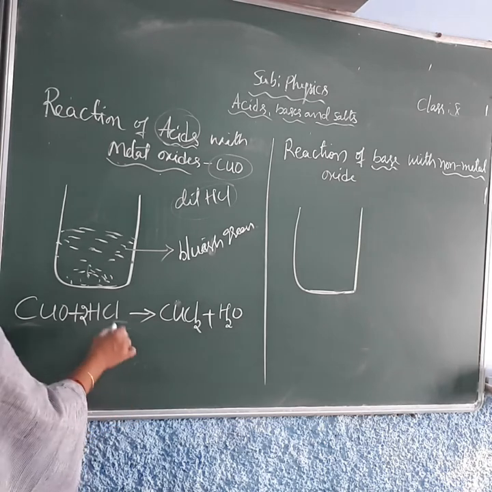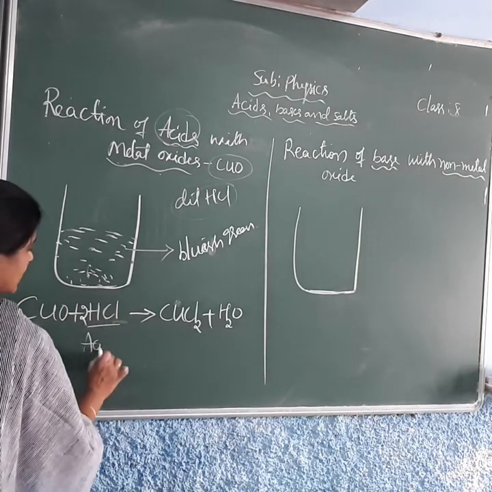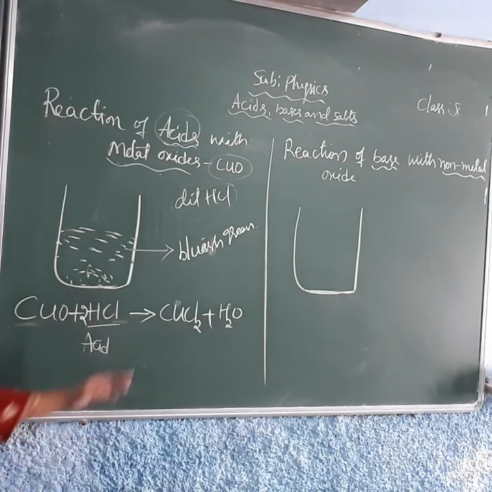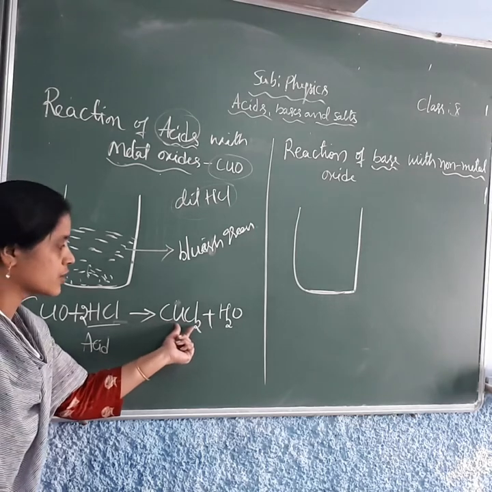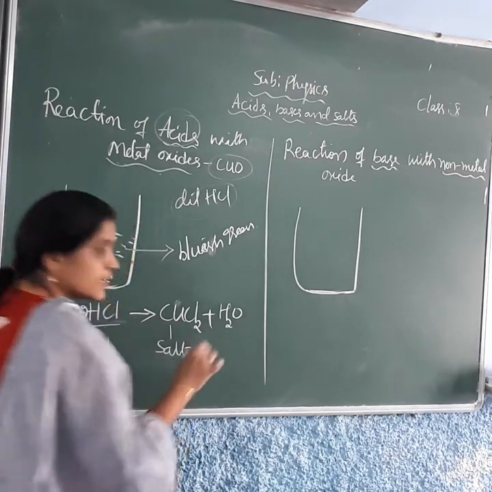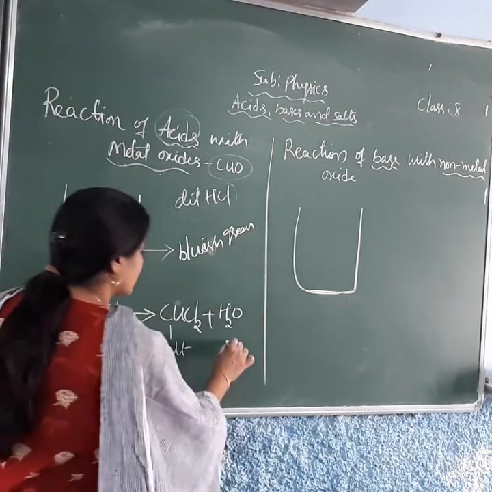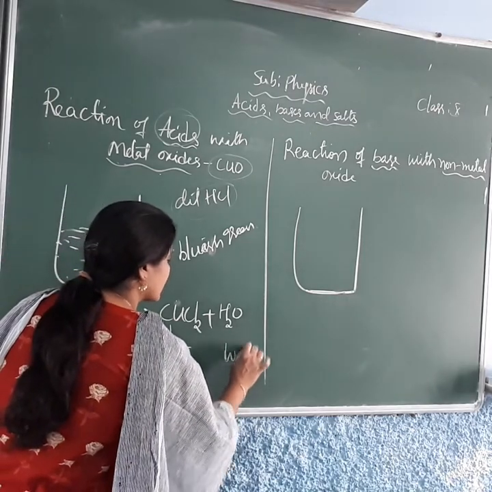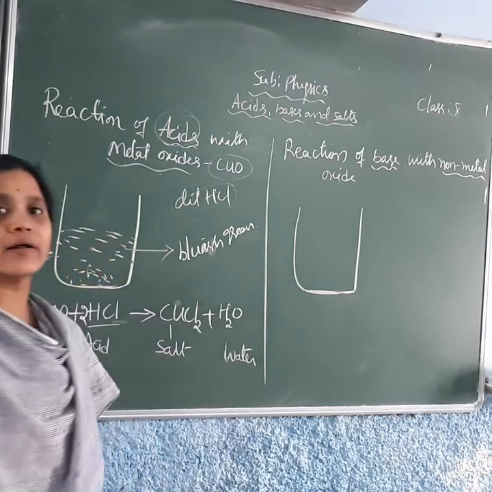And here this is an acid, and the product copper chloride formed is a salt, and here water. When do we get salt and water?